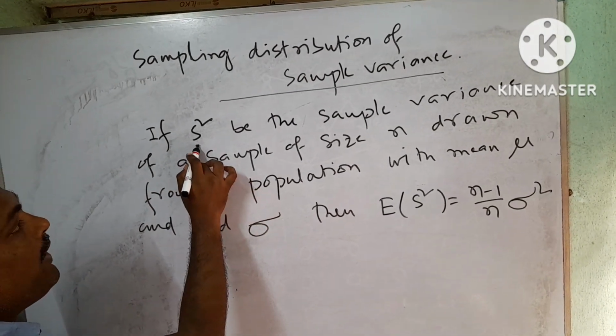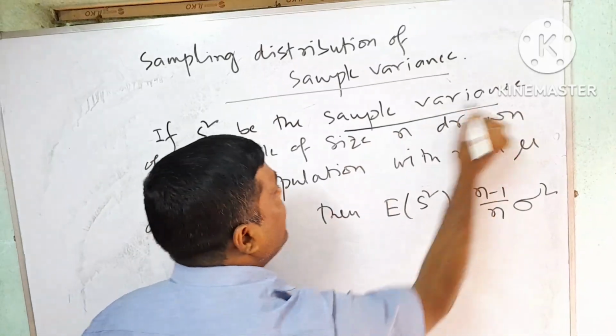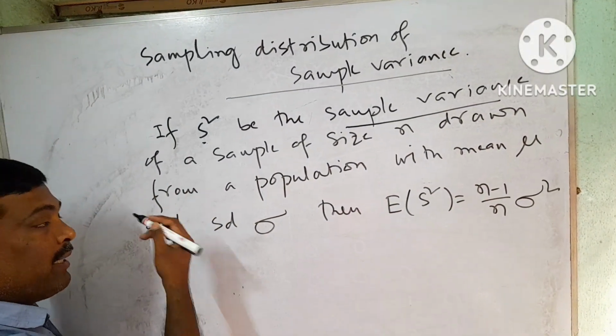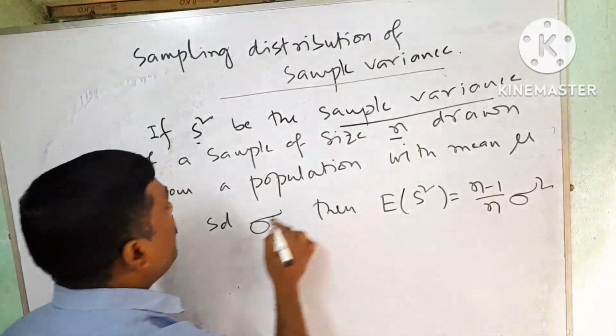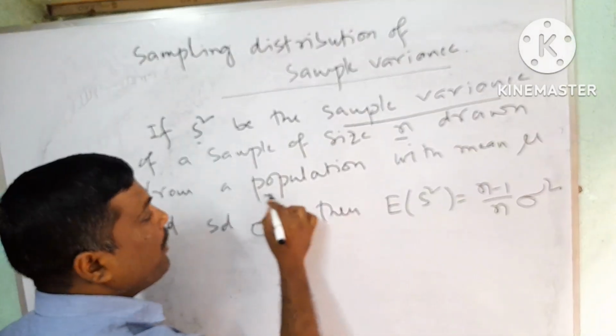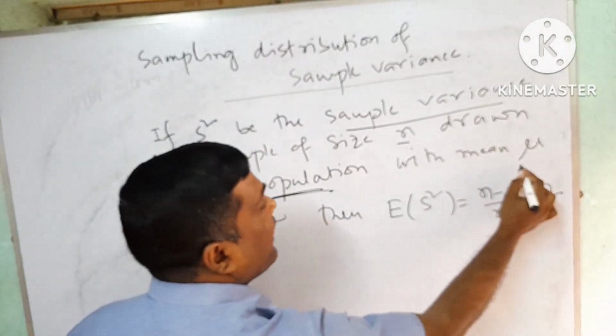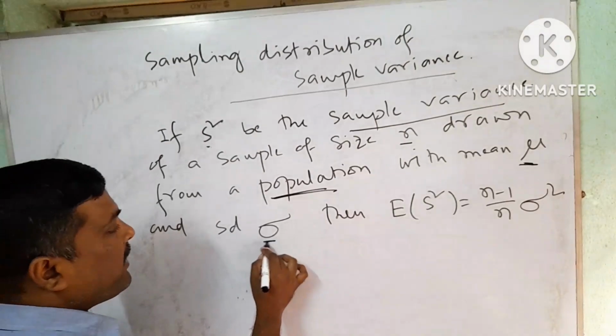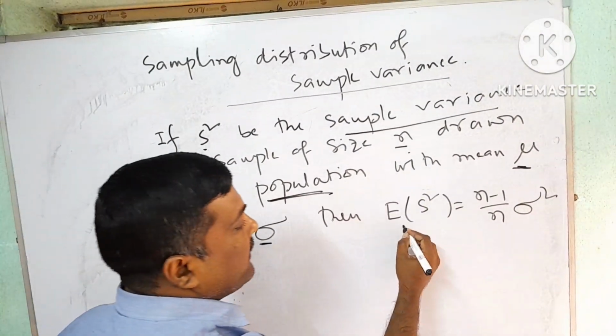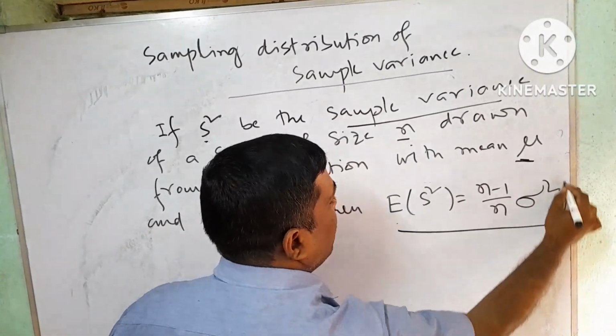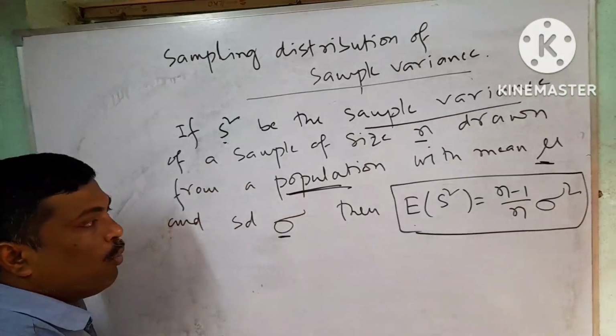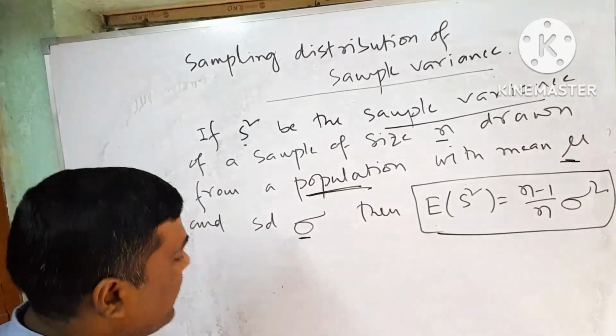S square is the sample variance, n is the sample size, drawn from an infinite population with mean mu and standard deviation sigma.